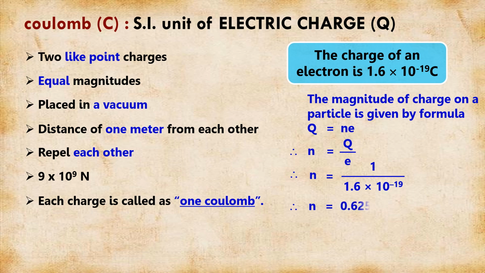That gives N as 0.625 into 10 to the power 19. So we can also write N is equal to 6.25 into 10 to the power 18.